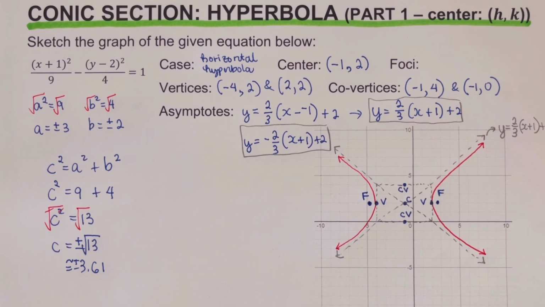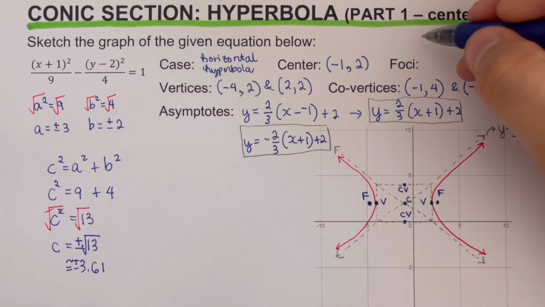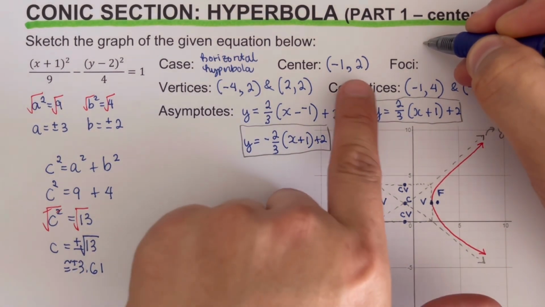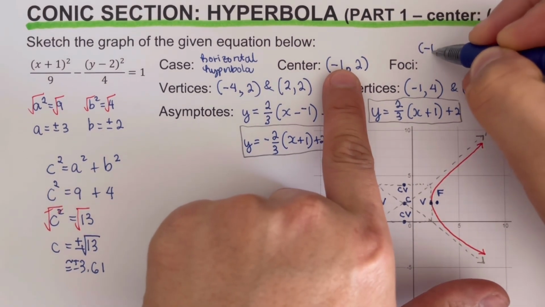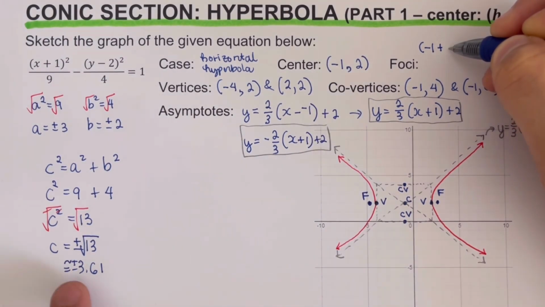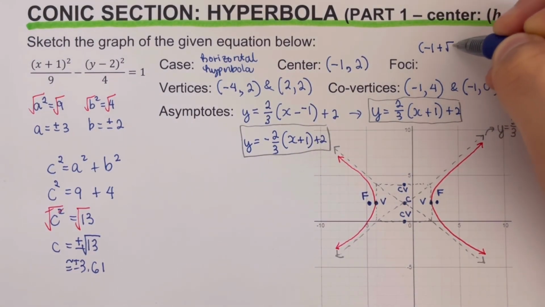Now we remember that we can actually determine the coordinates of the two foci following this. That is (h plus c, k) and (h minus c, k). So from here we can say that the first focus is going to be: our h is -1, so I write -1, and then plus square root of 13, since c is square root of 13, and then comma k, our k is 2, so I put 2 right here.